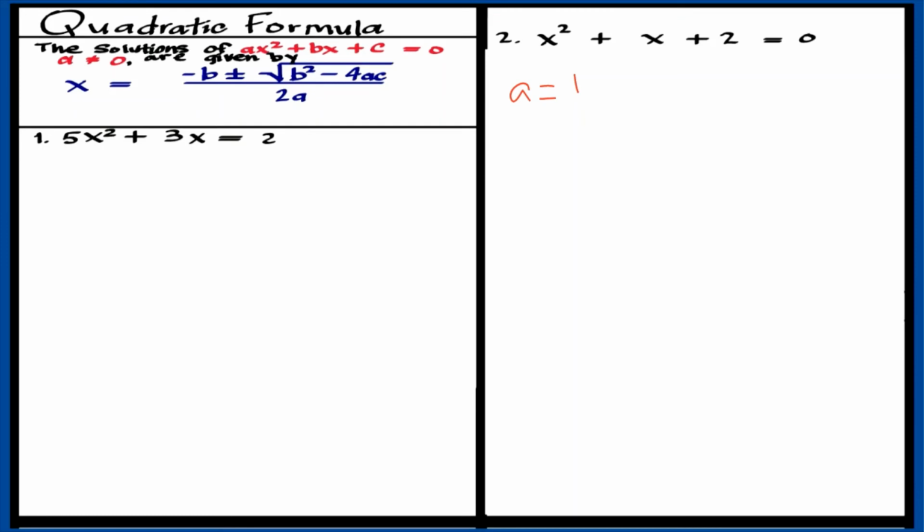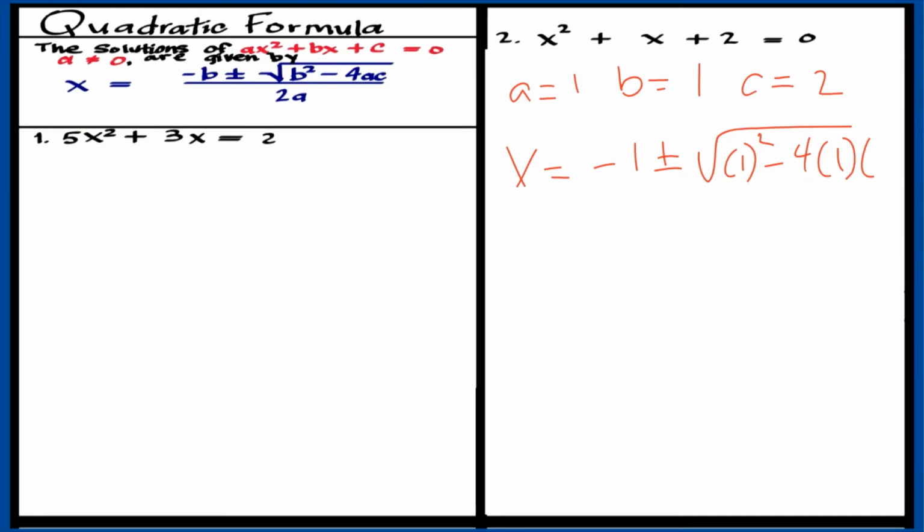B is 1 and C is 2. So now I know my formula. I get negative 1 plus or minus the square root of b squared minus 4ac, all over 2 times 1.